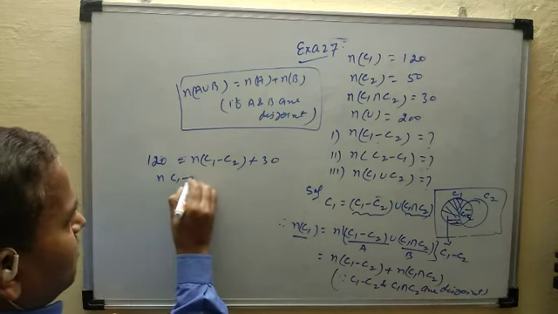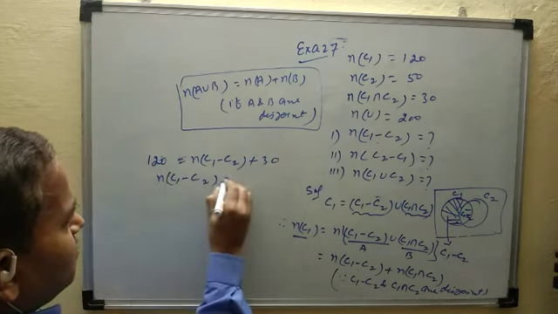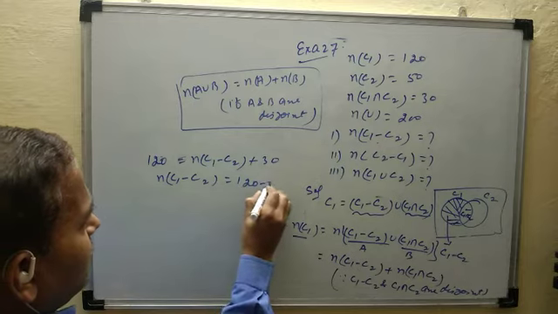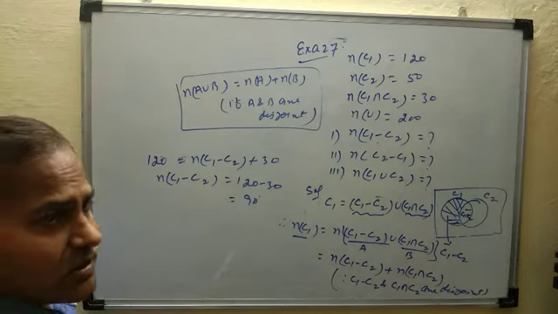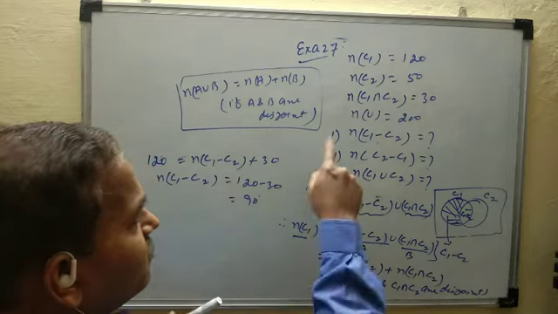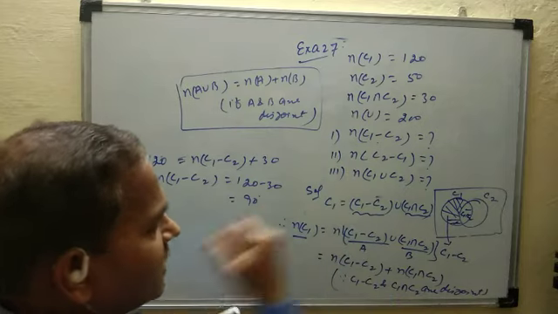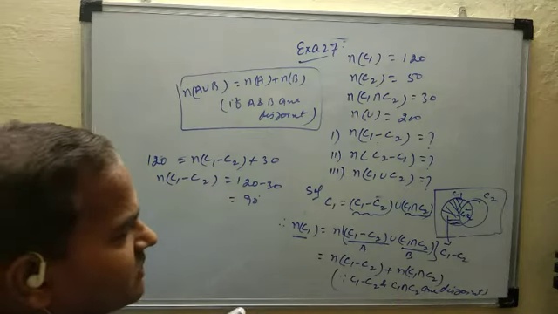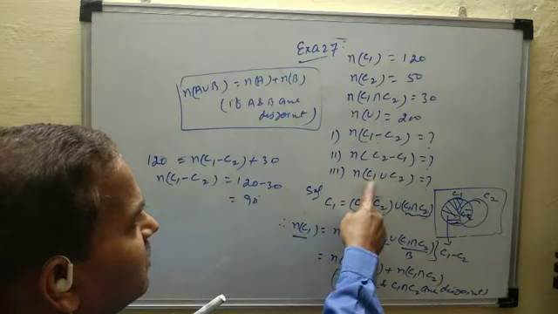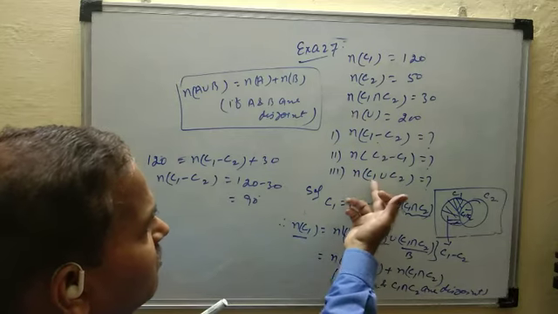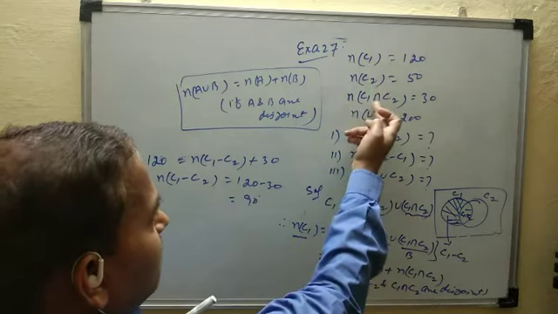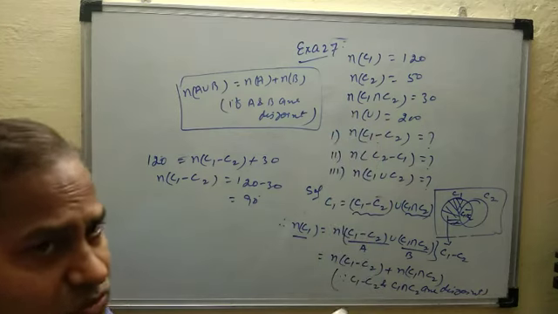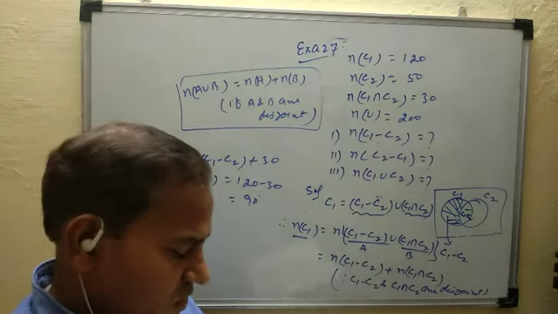So number of C1 minus C2 is equal to 120 minus 30, which is 90. Similarly, you find number of C2 minus C1, and find C1 union C2 using the formula. So the second and third are easy.